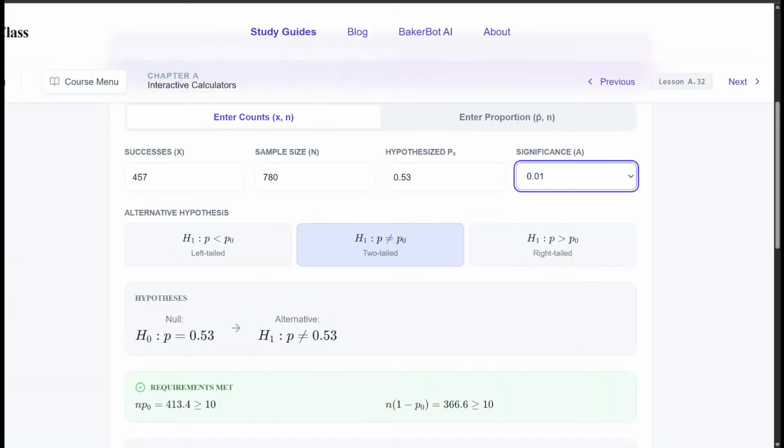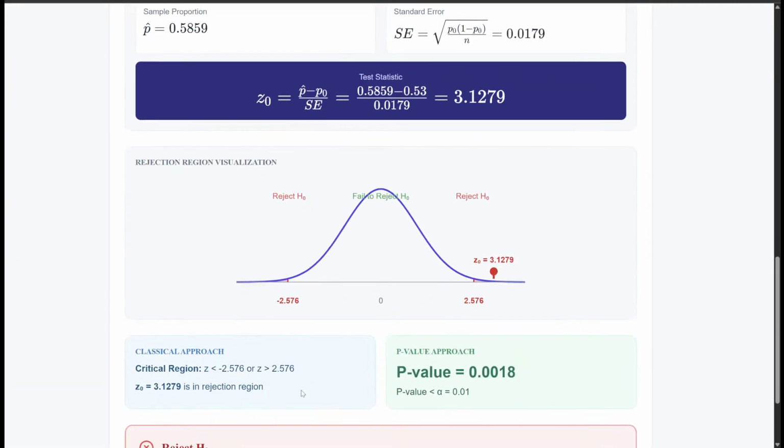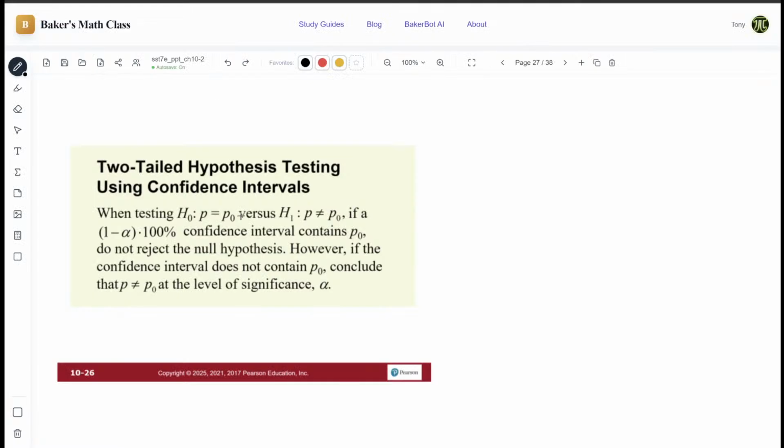A confidence interval is just going to give you these two values here, and if it's outside of those two values, we're done. We know we're rejecting. All the confidence interval is going to do is give me those breakpoints. So you can do it with confidence intervals as well. A confidence interval is a two-tailed test.